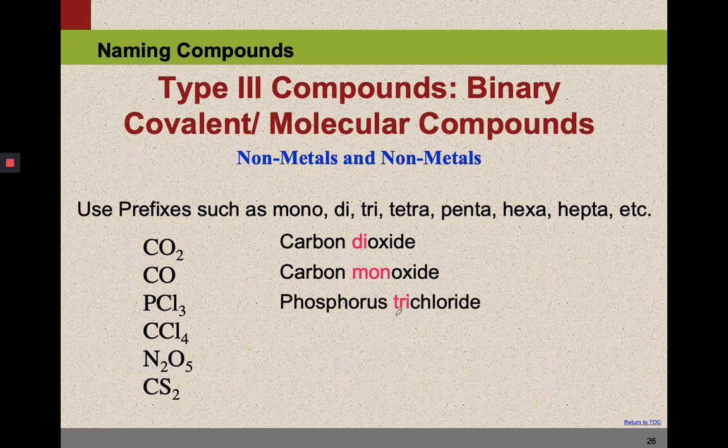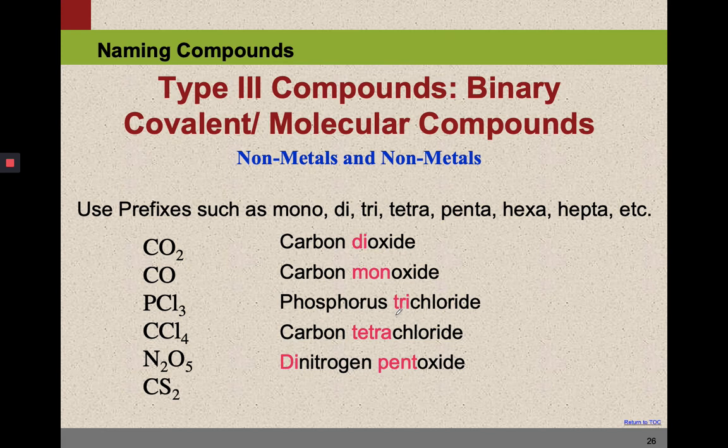PCl3, that's phosphorus trichloride. CCl4, that's carbon tetrachloride. N2O5, that's dinitrogen pentoxide.